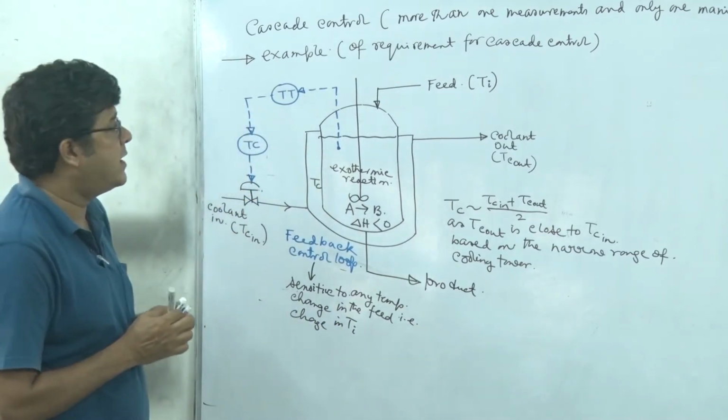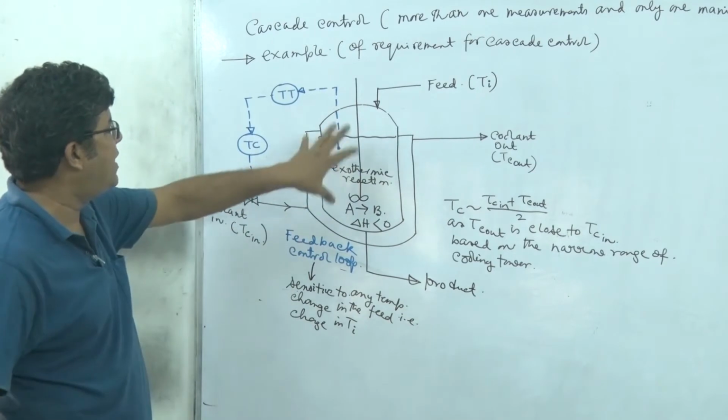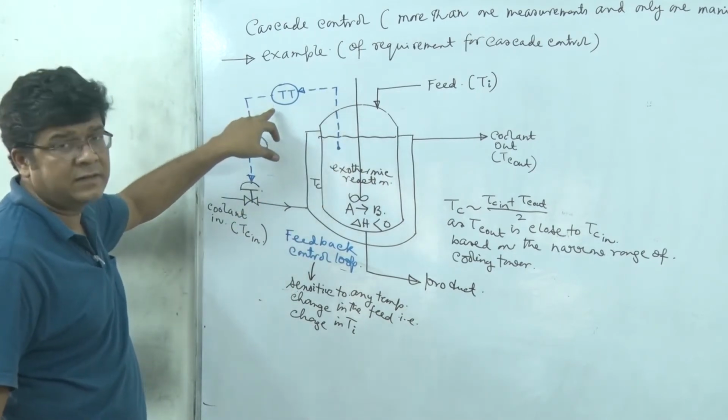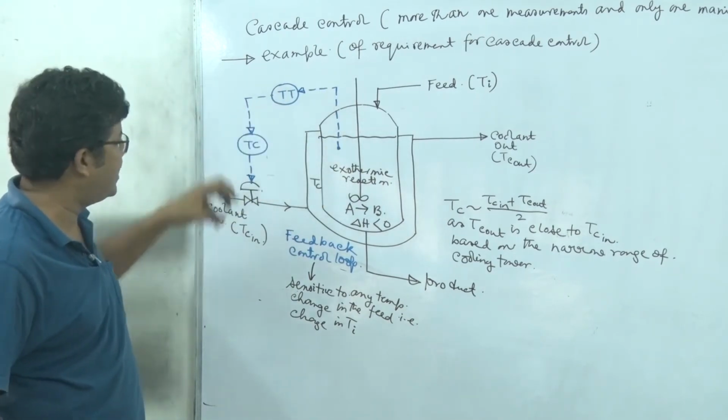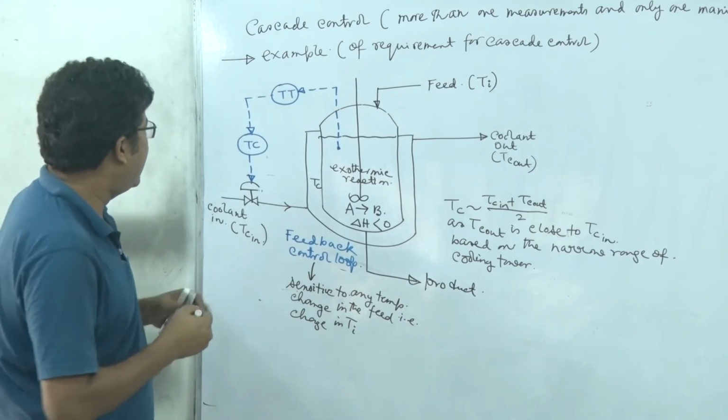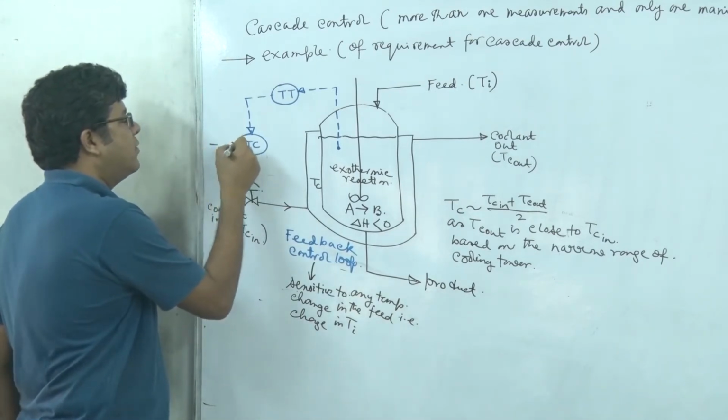Because the change in the temperature Ti will be immediately felt in the system, recognized by this temperature transmitter, and automatically this control action will be taken, and here definitely I have missed that you are giving the set point.